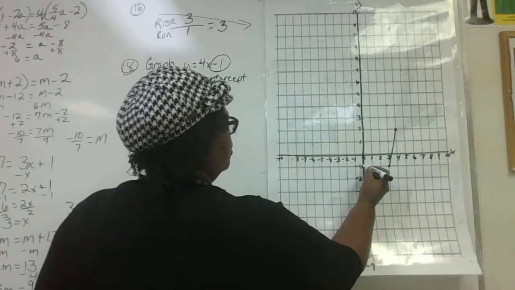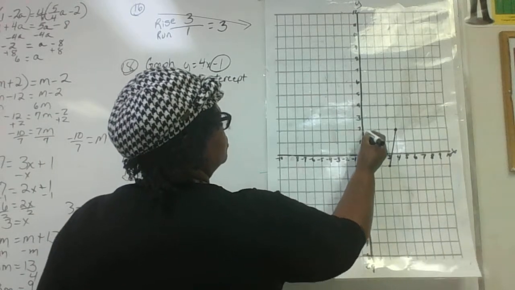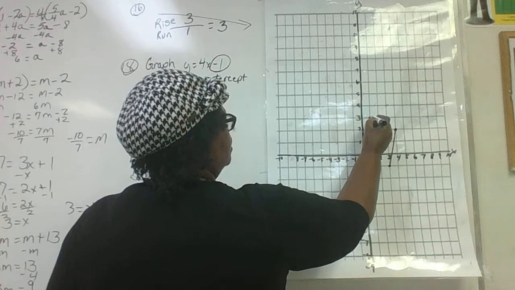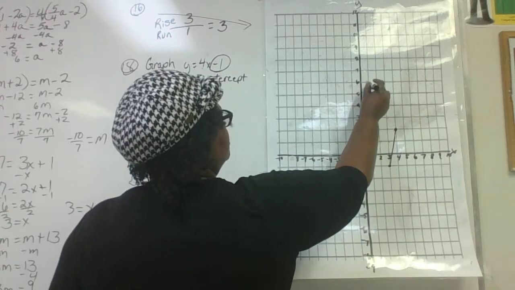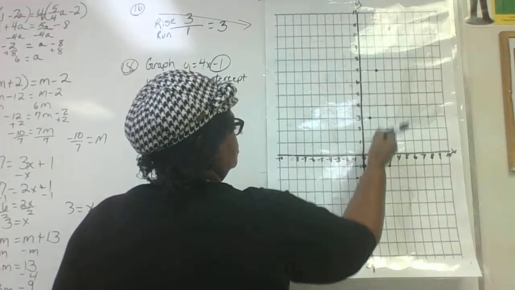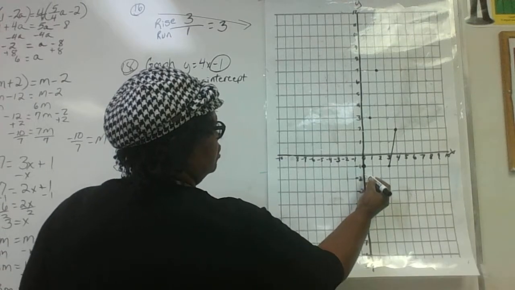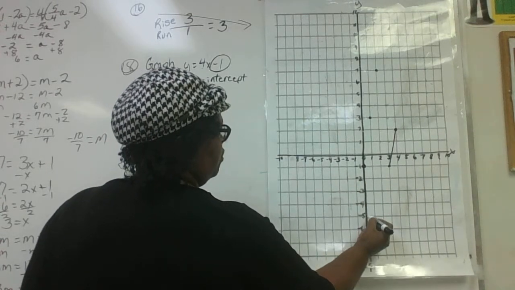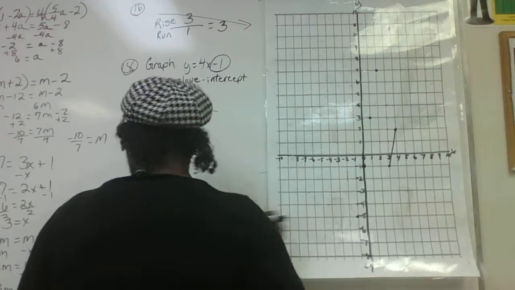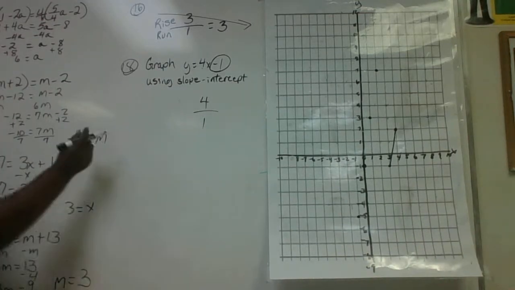So let's go. We go 1, 2, 3, 4, run 1. 1, 2, 3, 4, run 1. To go ahead and cross it, let's drop down. 1, 2, 3, 4, and we're going to run 1. And then from there, we can connect our dots.